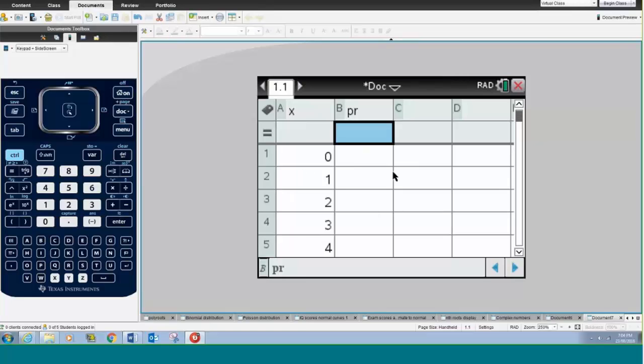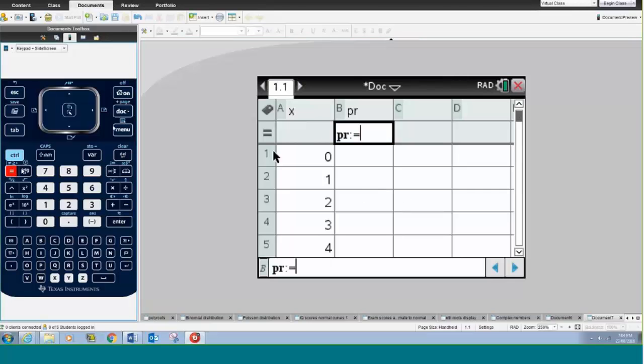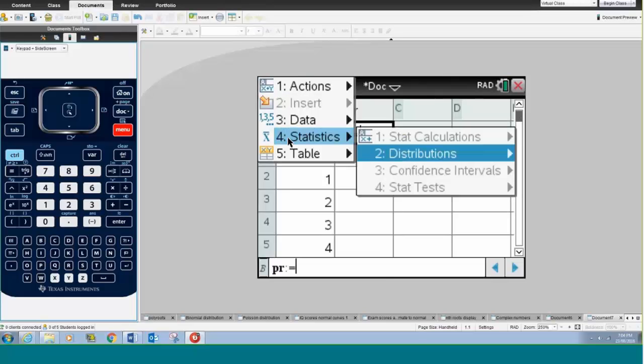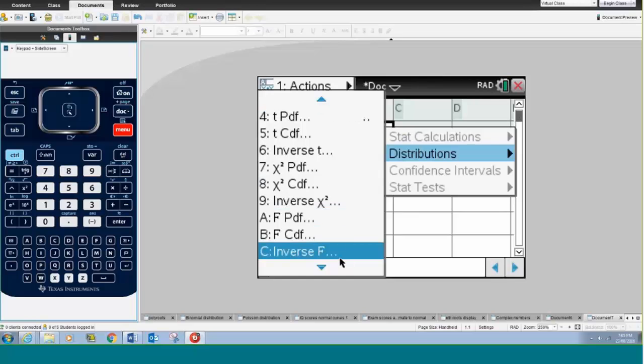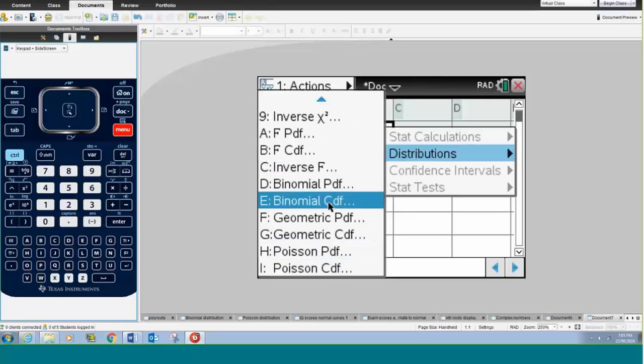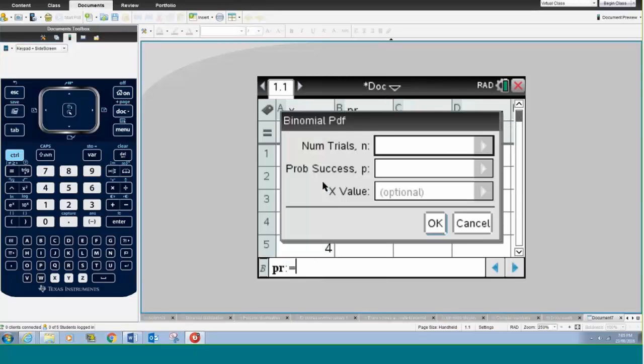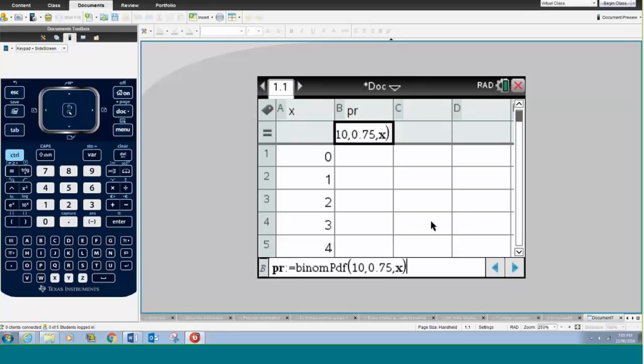Now if I wish to put the probabilities here, I need to use equals, then statistics and distributions, and go to binomial PDF. The number of trials is 10, the probability is 0.75, and the X value is in our X column.